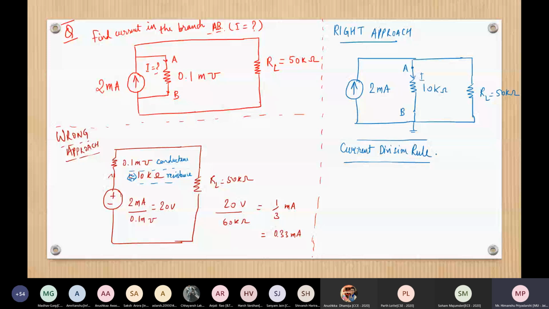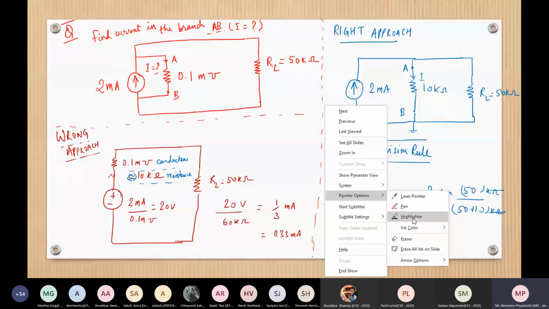So I is equal to I through 10 kilo ohm, which will be equal to 2 milliampere into 50 upon 50 plus 10, both being kilo ohm. They will get cancelled. So the answer is 10 by 6 milliampere. Okay, so the correct answer is this.